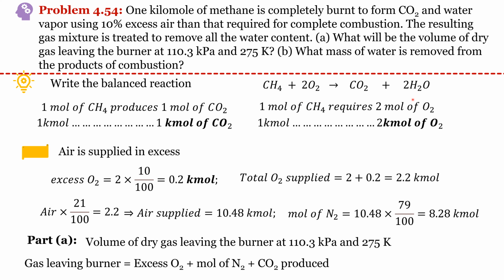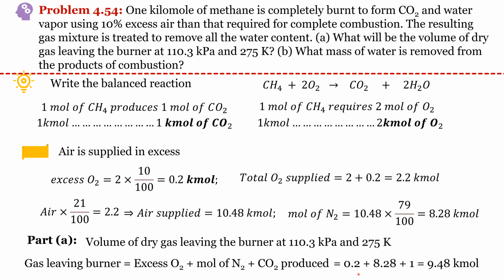Here we are talking about dry gas, so we will not consider the moles of H2O. Only moles of CO2 will be considered. So the gas leaving the burner will contain excess O2 plus moles of N2 plus moles of CO2 produced. We have already estimated the excess amount of oxygen, that is 0.2, the moles of nitrogen is 8.28, and the moles of CO2 produced is 1 kilomole.